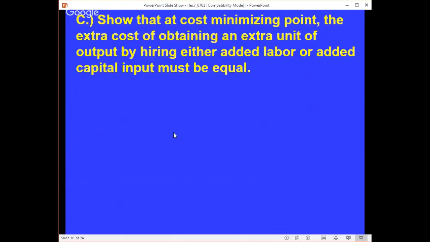And then we saw that those two are equal, and I can rewrite that as the ratio of prices equal to the ratio of marginal products, which is the marginal rate of technical substitution. So you've already done this. It's just plug it in.